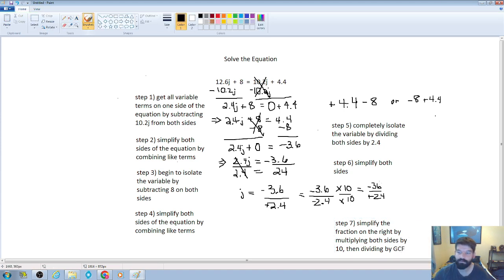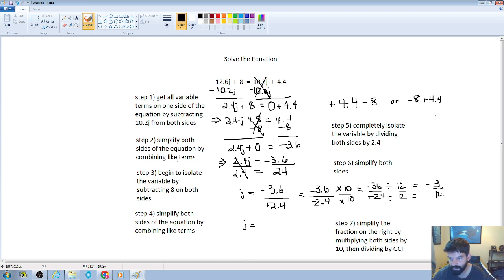Now remember, an approach to your greatest common factor, you can use factor trees, but in this case it's going to be 12 here. So remember, on our left side, j is all good to go. j is by itself, so we're in a good place there. And then I'm just going to simplify this fraction a little bit more by dividing both top and bottom by 12, and that's going to give me negative 3 over 2.